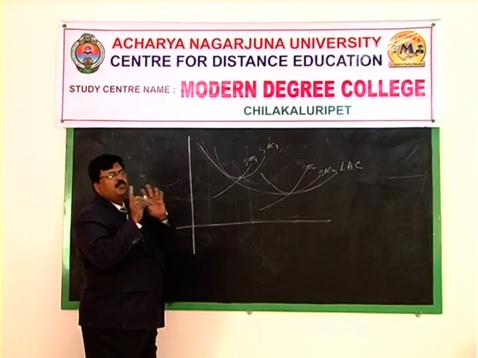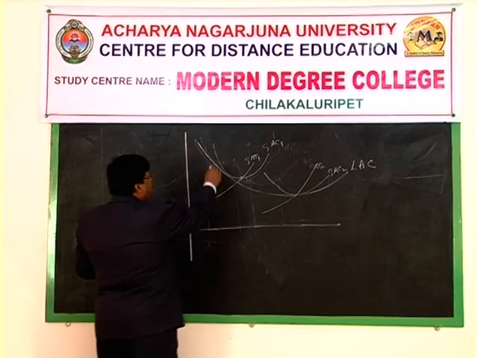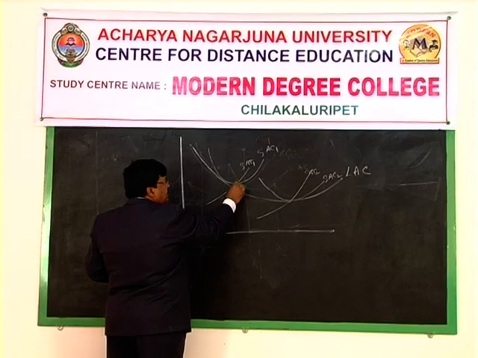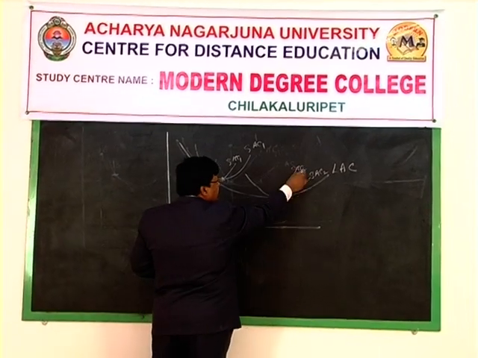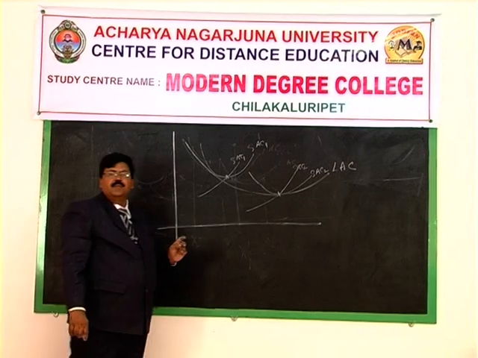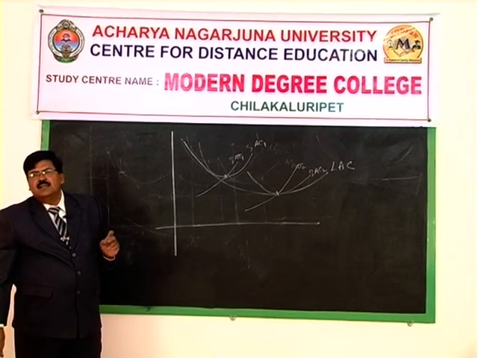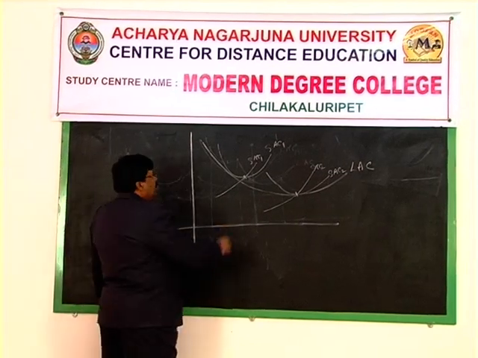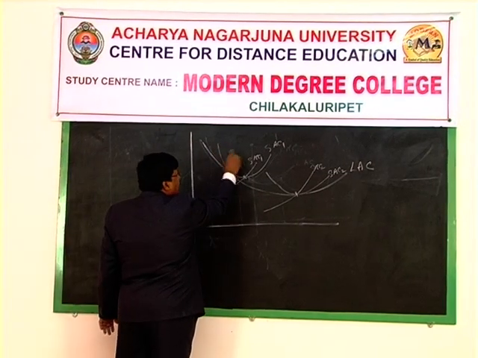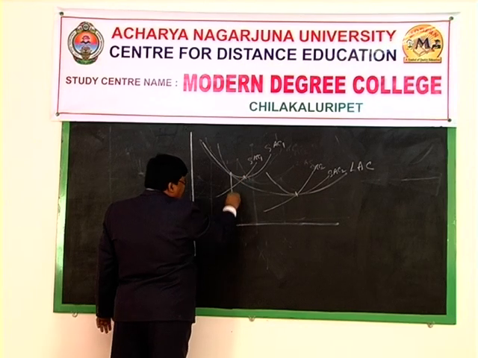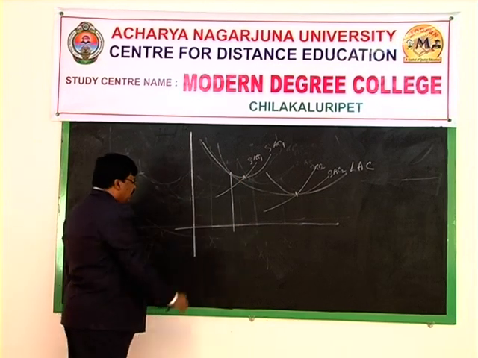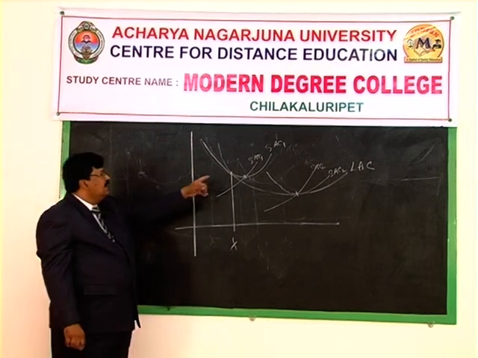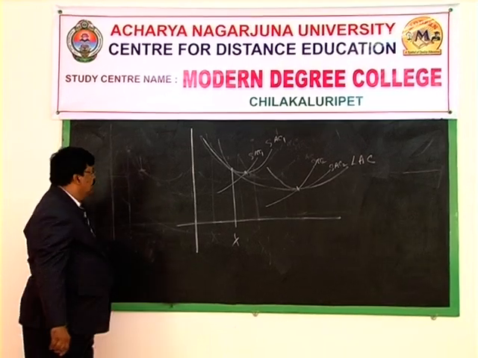Now, there are two important points you have to remember. One is, we know that MC intersects AC at its minimum point here, and similarly MC equals AC at its minimum point here. Average cost and marginal cost are equal when AC is at its minimum point. That relation we know. Now, identify the point where SAC is tangential to LAC, for example, corresponding to this OX rate of output. SAC is tangential to LAC.